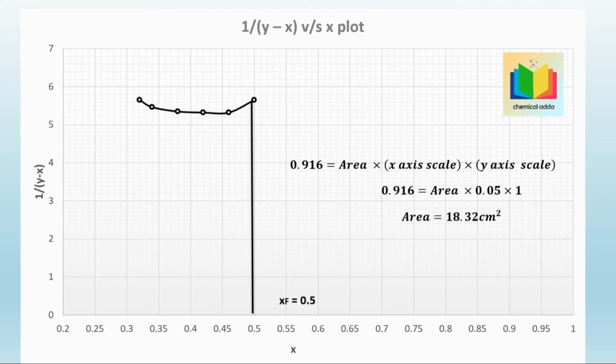So now we have to adjust 18.32 centimeters square area under the curve from xF equal to 0.5. Now, as we know, one block on the graph paper is 1 centimeter square. So, we have to count 18.32 boxes.